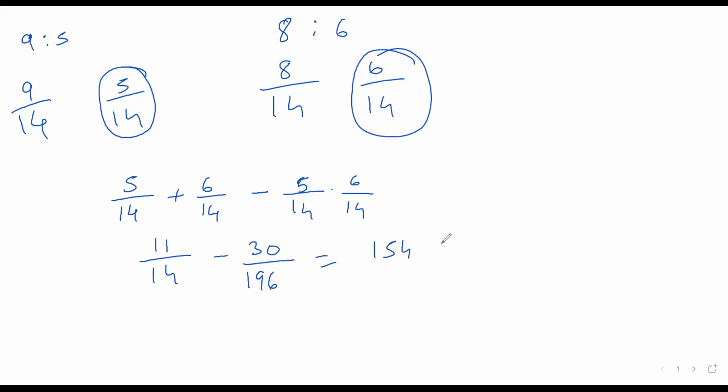That will be 154 minus 30 by 196. It is 124 by 196. That is 0.63.